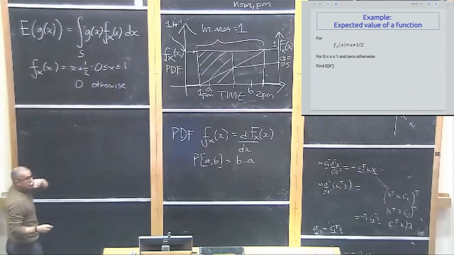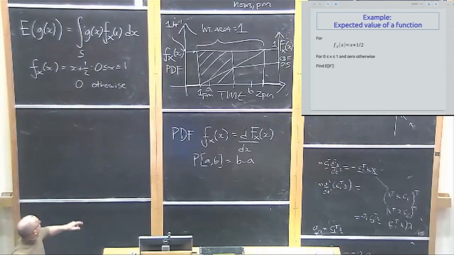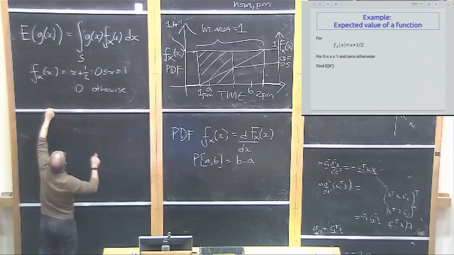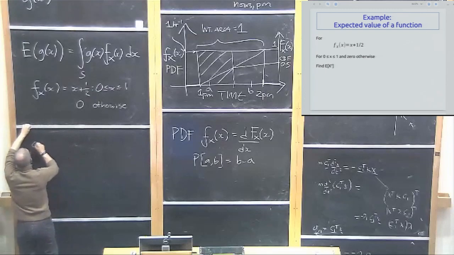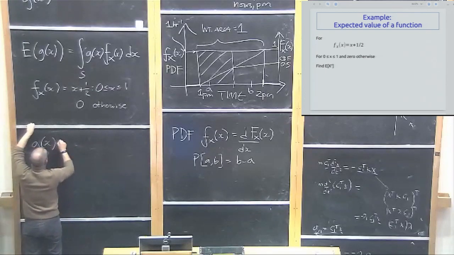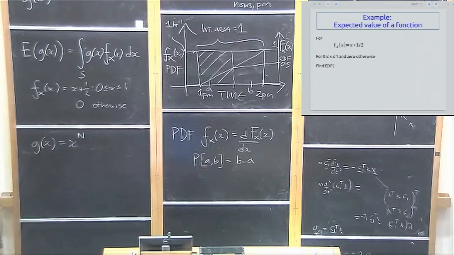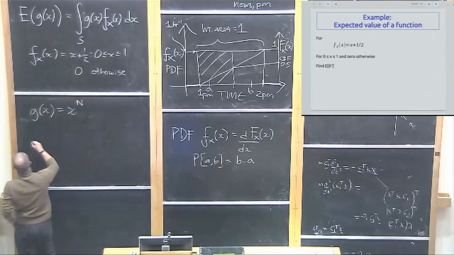In order to work out the expectation value of this function, I haven't said what the function is here. This is the probability distribution function, and our function g of x is x to some n. What is the mean value of this x to the n over this probability distribution?